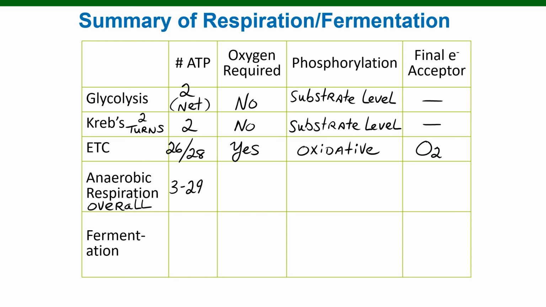And oxygen is not required by definition. It is called anaerobic. And since we're talking about anaerobic respiration overall, including all steps, we'll say that this is a combination of substrate level for the glycolytic and abbreviated Krebs cycle steps, as well as the electron transport chain, which is oxidative.